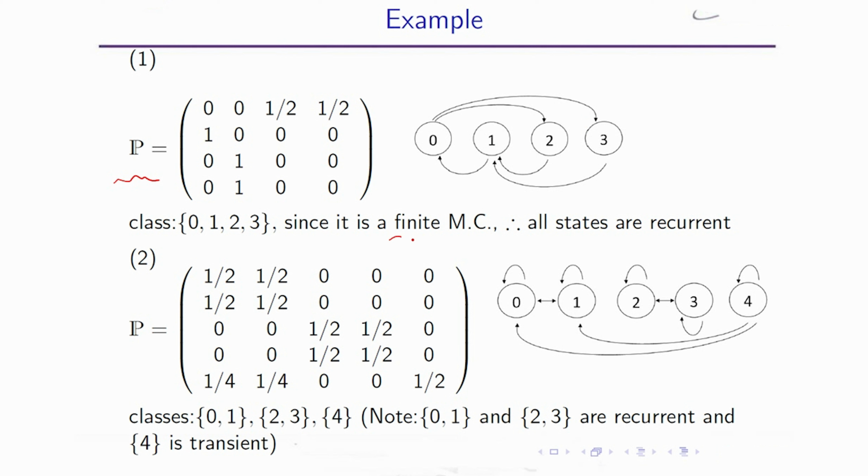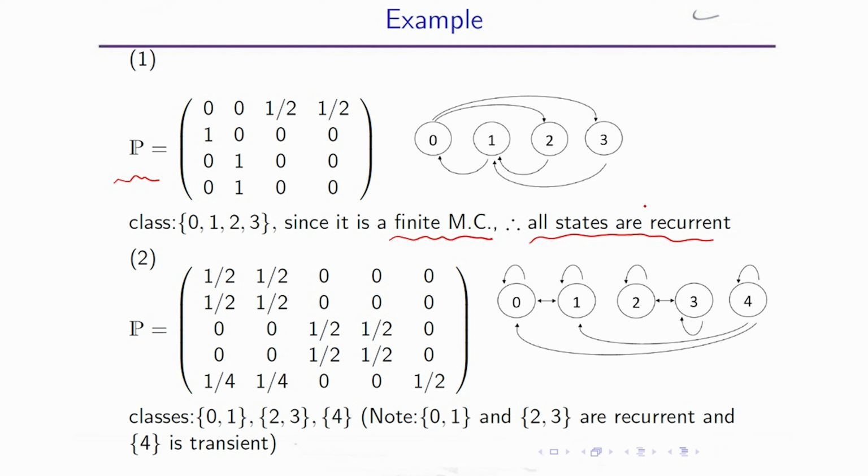And because this is a finite Markov chain, and we have said that in a finite Markov chain there must be one state that is not transient, and because they belong to the same class, and recurrent and transient are class properties, if we have at least one state that is recurrent, then all the states must be recurrent, right? So all the states are recurrent.